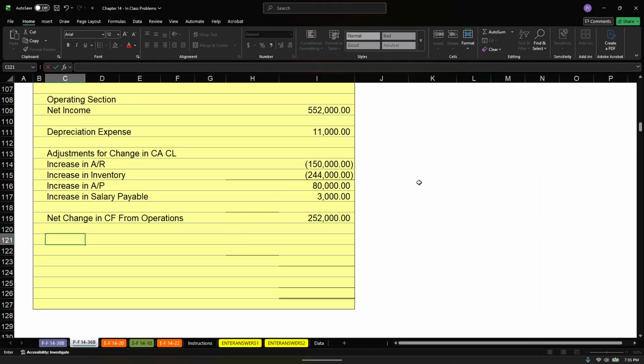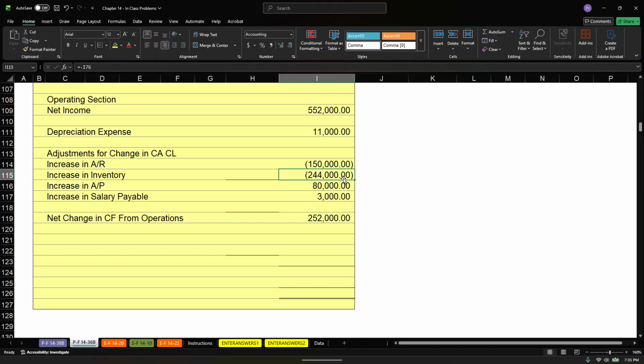I'll just give you a hypothetical here just to show you that each of these is done independently, but they all are related. So for example, let's say I bought inventory of 244,000, which is a negative adjustment because it's a current asset going up. But let's say I financed it all with accounts payable, right?